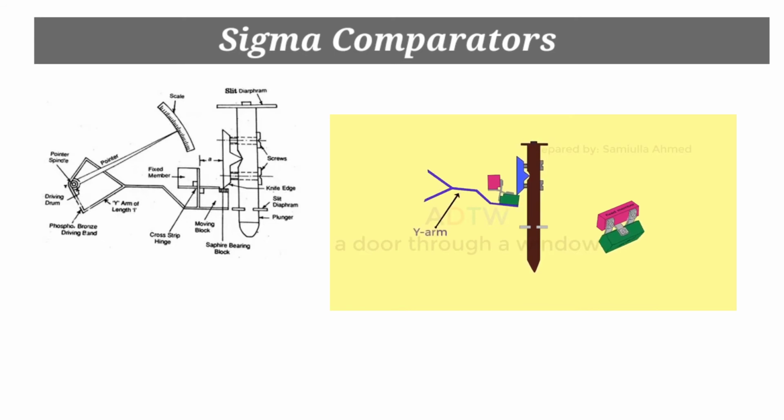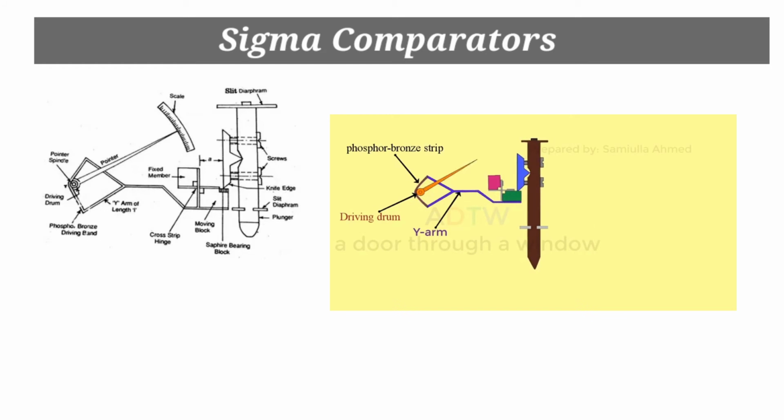This deflects an arm which divides into a Y form. The extreme ends of the Y arm are connected to a driving drum by means of phosphor bronze strip. The movement of the Y arm rotates the driving drum and in turn the pointer spindle. This causes the movement of the pointer over a calibrated scale.